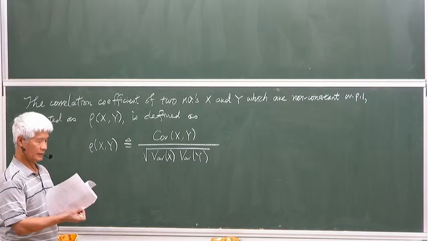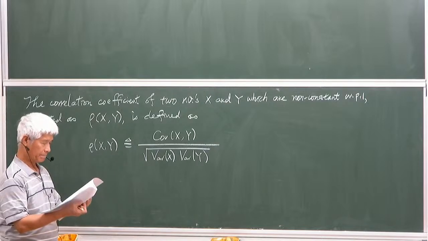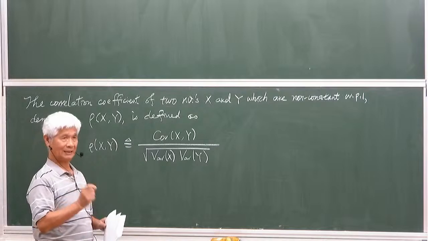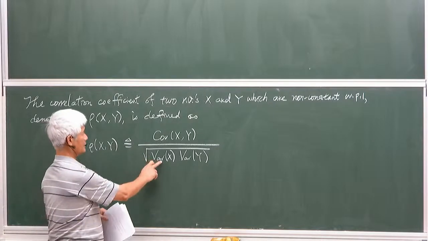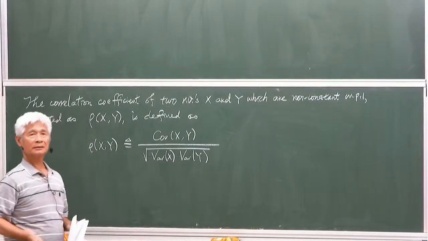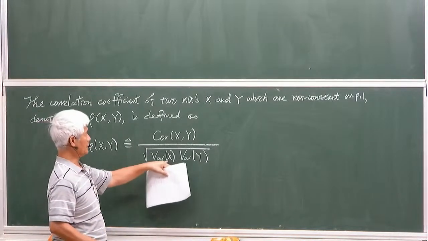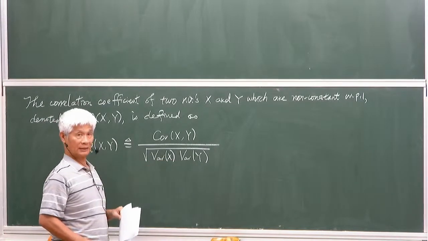If they are non-constant, then by proposition 7.4.c, these two variances are non-zero, so we can put this product in the denominator.